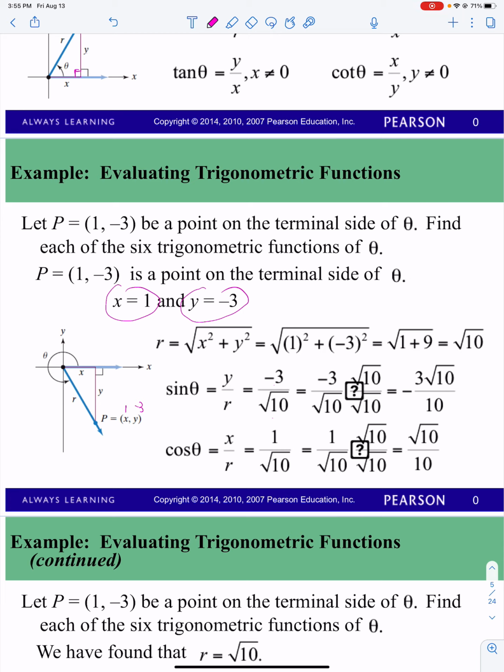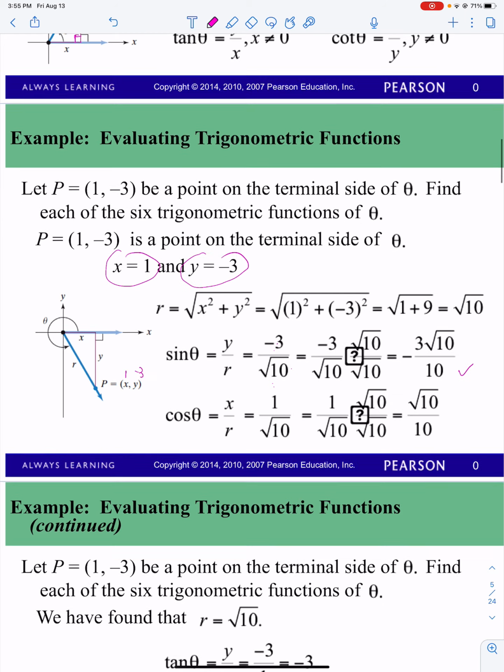You keep the negative sign here. That's very important. And then you want to rationalize the denominator, multiplying by the square root of 10 to get rid of the square root. So you have -3 square root of 10 over 10. Are you clear here?